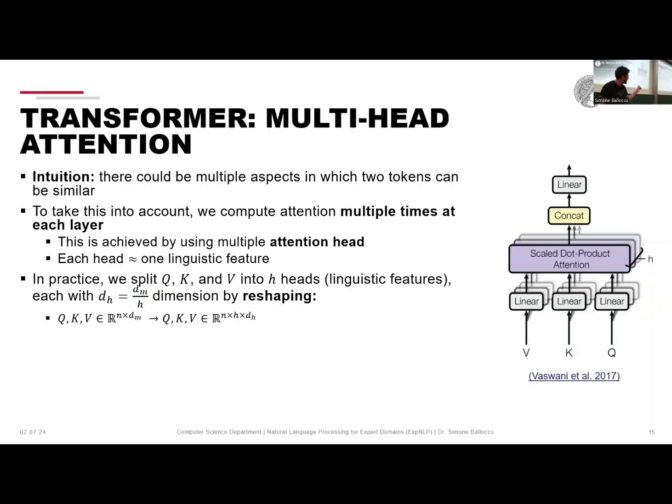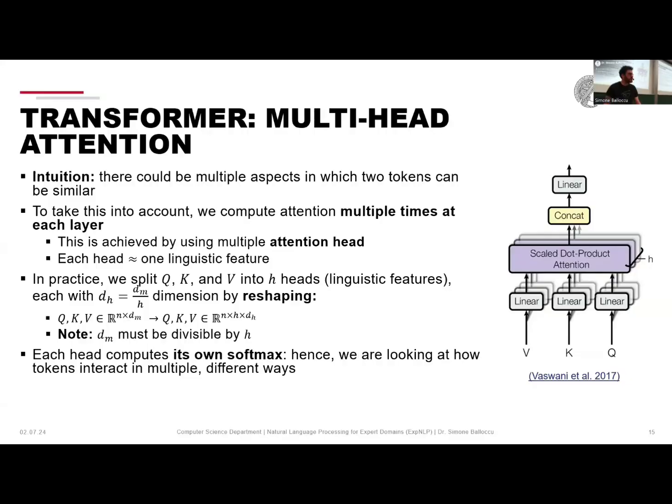So Q, K, and V go from being n times d_model to n times h times d_head, and of course, they must be divisible. For example, if your vector has 10 dimensions, you might have two heads, each with 5 dimensions, or 5 heads, each with 2 dimensions. But you cannot have 2 dimensions and a half in a head.